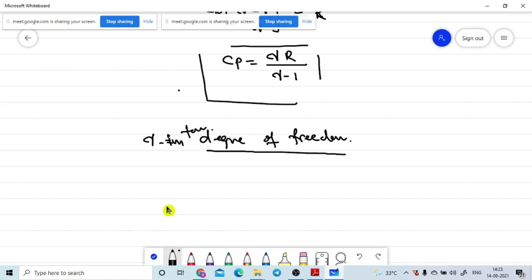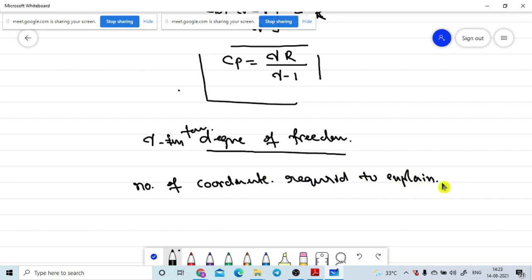Degree of freedom is the number of coordinates required to explain the system. It is named the degree of freedom.